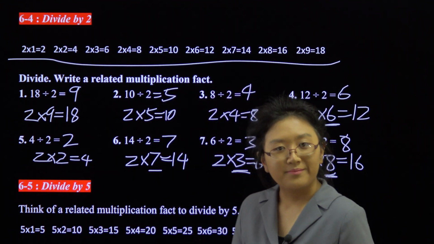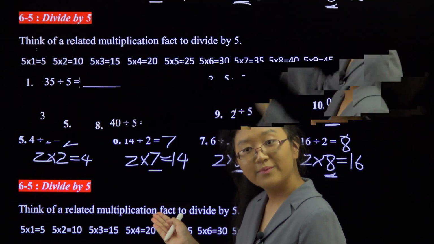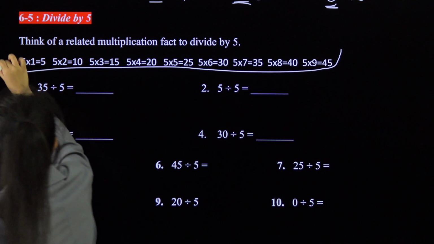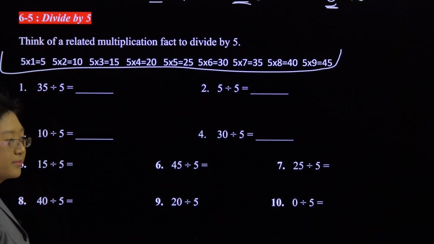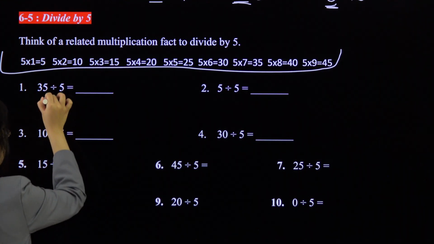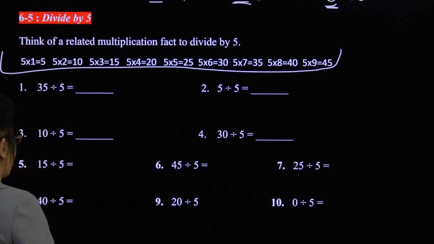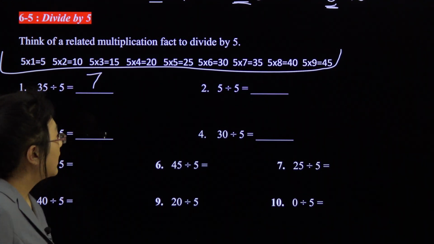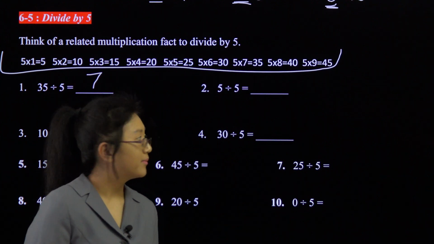We move on to division with 5. These are the related facts. 35 divided by 5, well, 5 times 7 equals 35. So 35 divided by 5 is 7. 5 divided by 5, 5 times 1 equals 5.